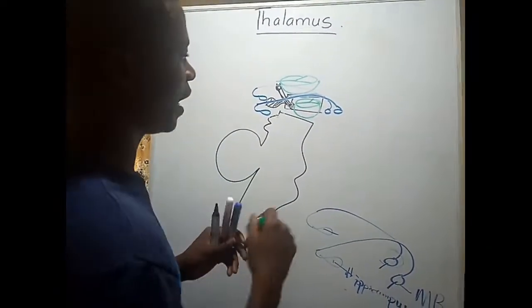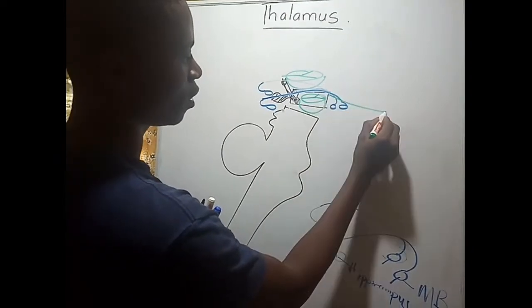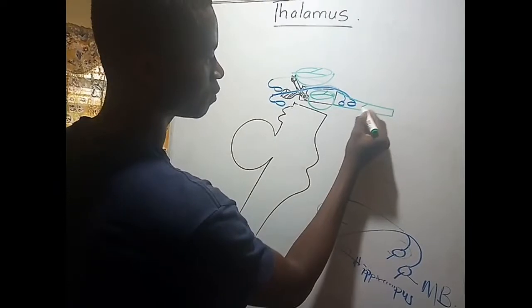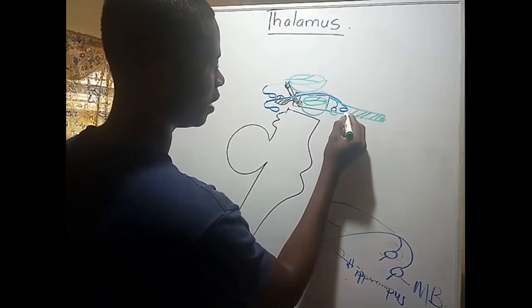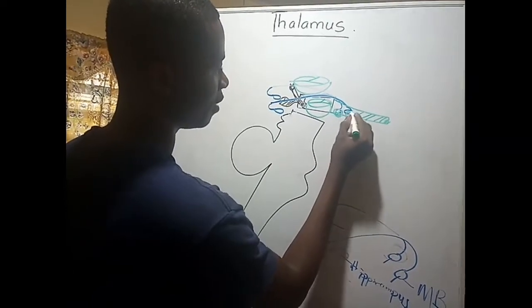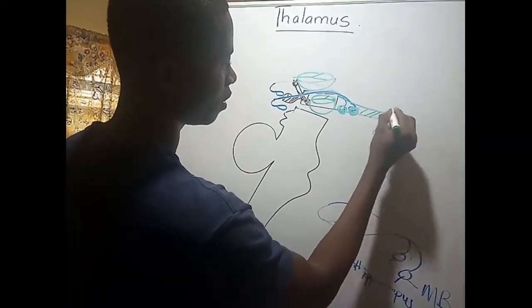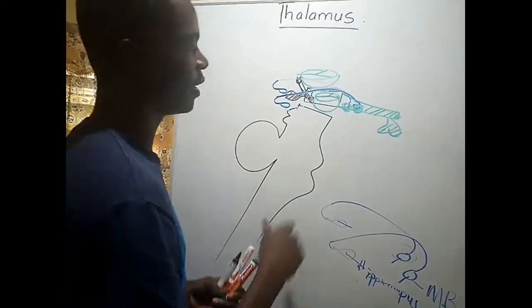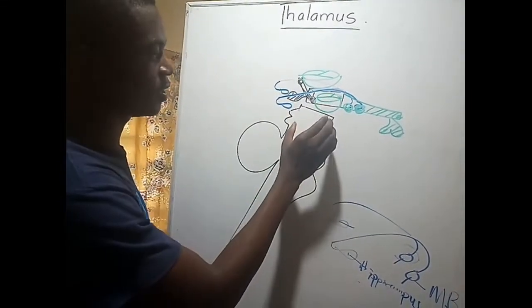We know that anterior to the third ventricle, we have the hypothalamus here. This is the mammillary bodies here. Is that okay? And then here we have the pituitary. So this is a rough structure of the thalamus and its relations.